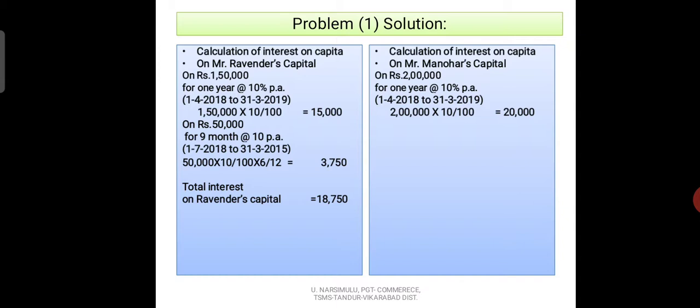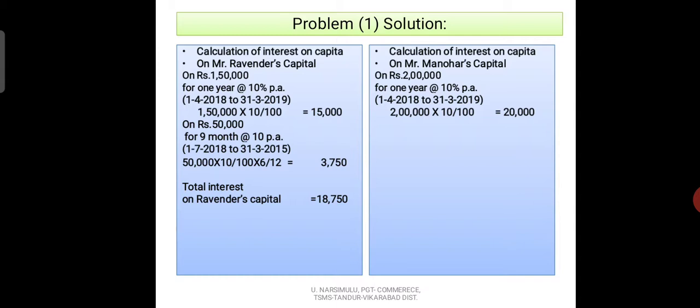And just think of the problem. In that problem, was there any additional capital introduced by Mr. Manohar?